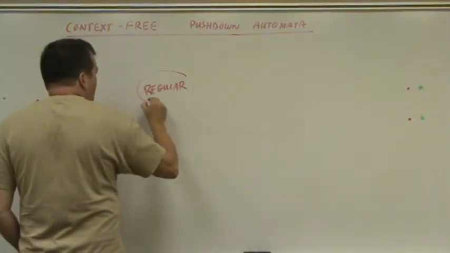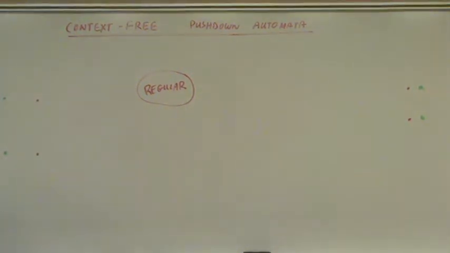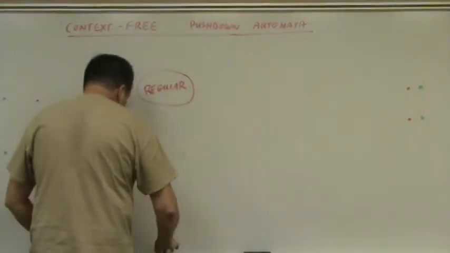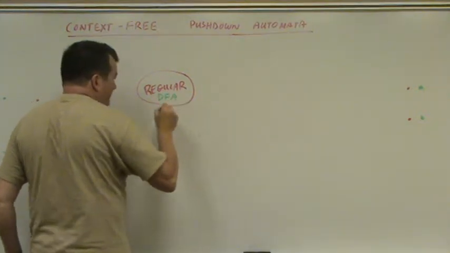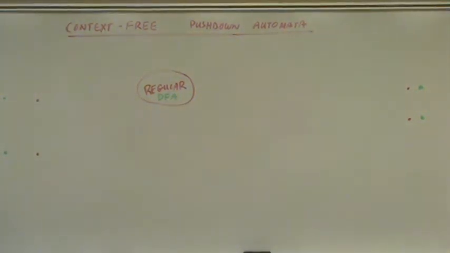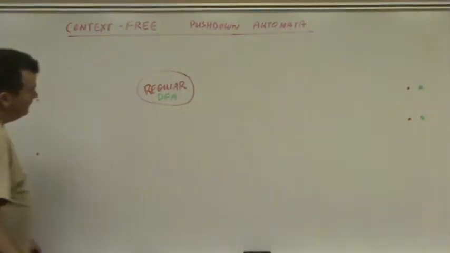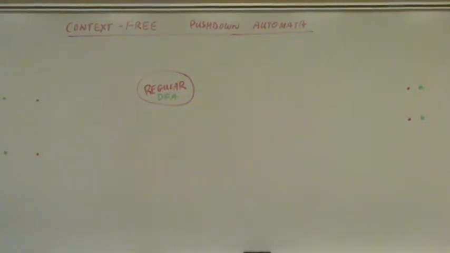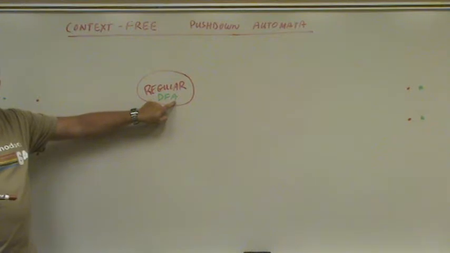We had regular languages, which are the languages that can be detected by a deterministic finite automata with no stack, no memory. Now we have a new class called context-free languages. Those have a deterministic finite automata plus, in addition to that, a stack.